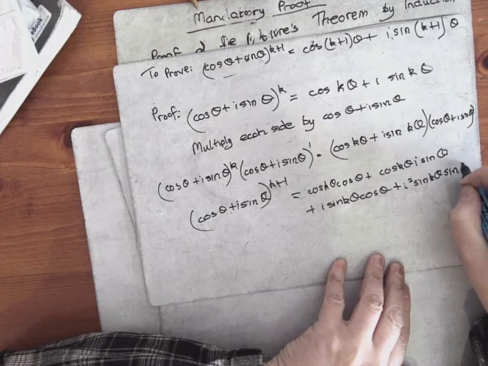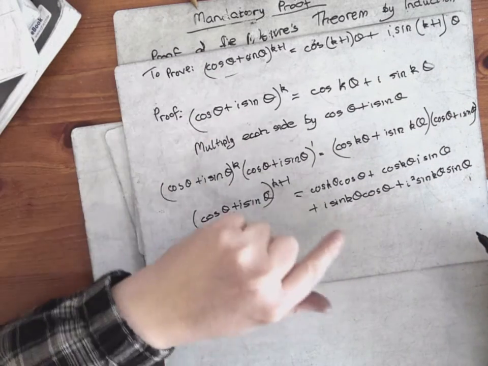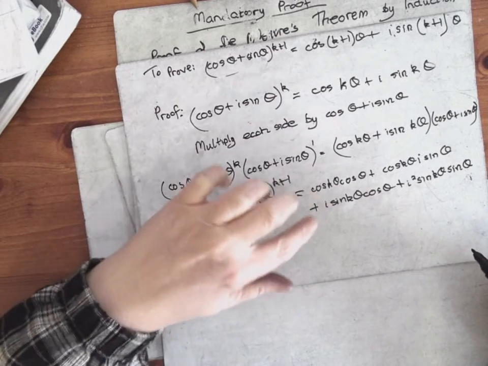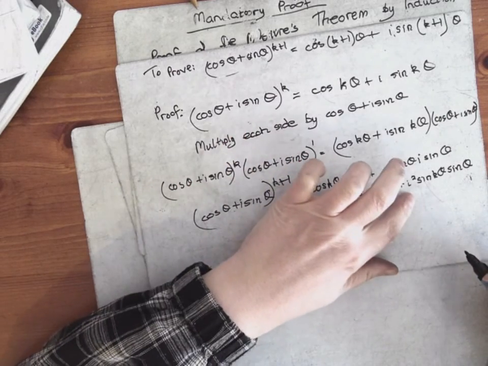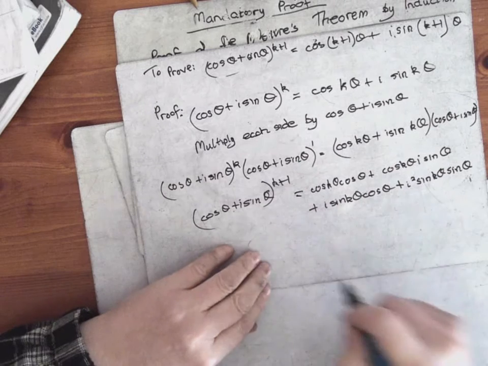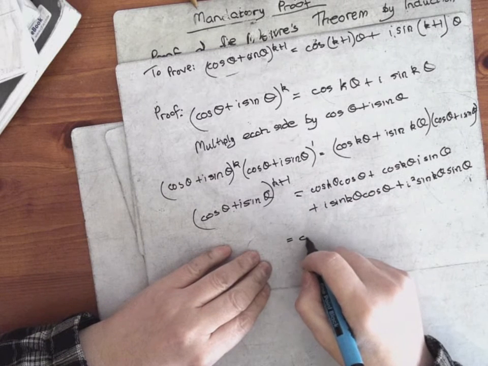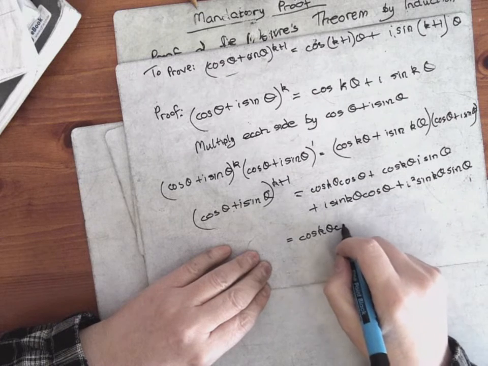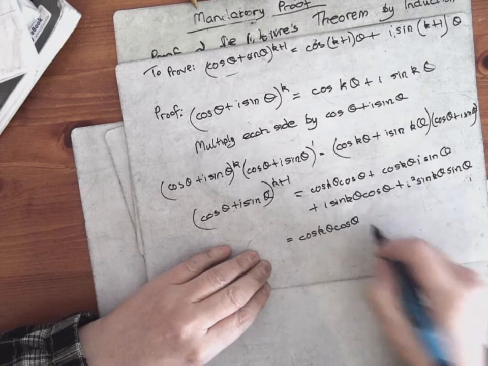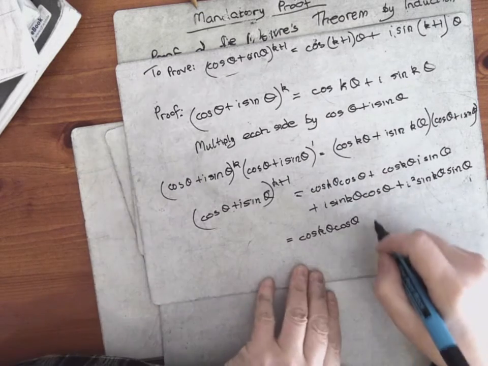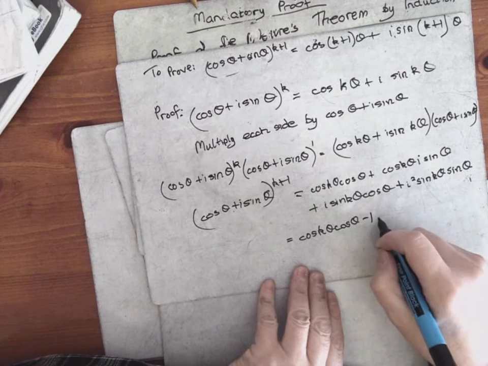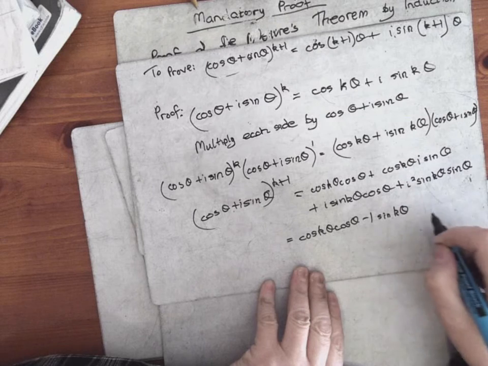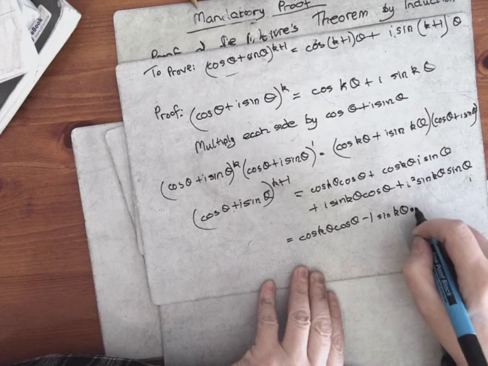So my left side is the way I want it to be. I need to work on this to turn it into this. The minute you see i squared, change it to minus 1. So I'm going to make this cos k theta cos theta. Now I'm going to change that i squared there to a minus 1, and I'm going to write that one term next, minus sine k theta sine theta.